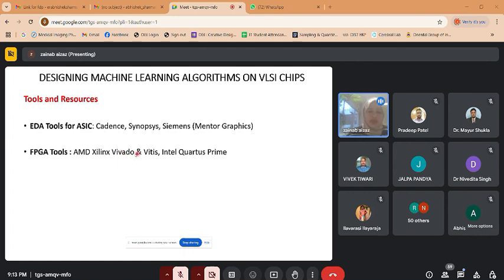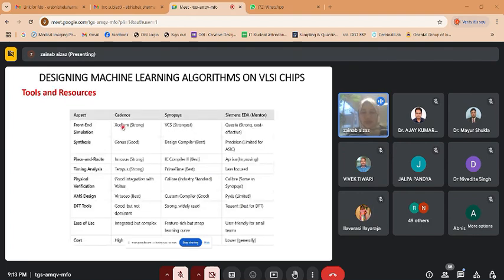It's completely free until you go for a lot of power analysis and static timing analysis issues, where you need a licensed one. Otherwise, researchers can easily work on Vivado and Vitis. And if you have an Intel FPGA, you need Intel's Quartus Prime, right?